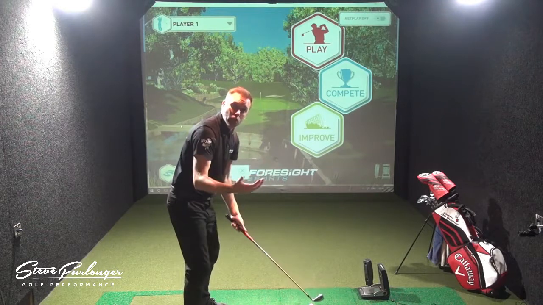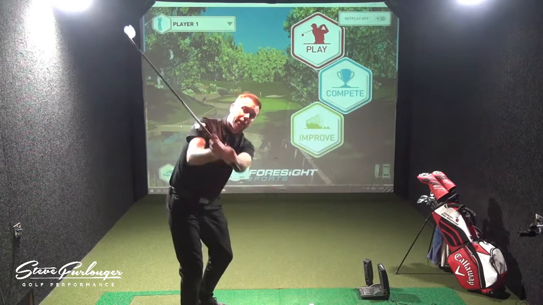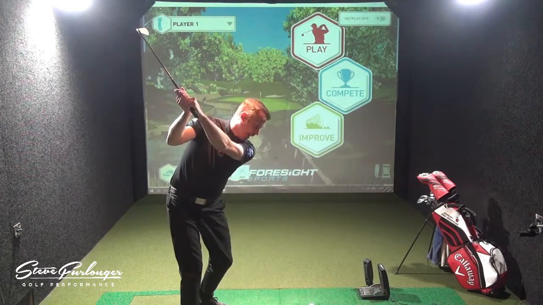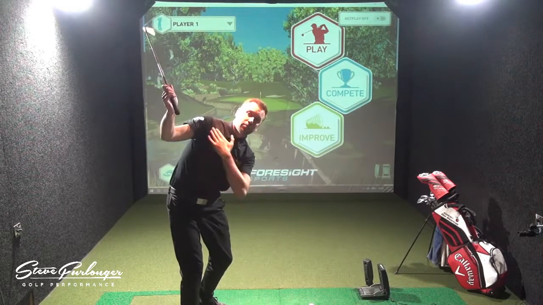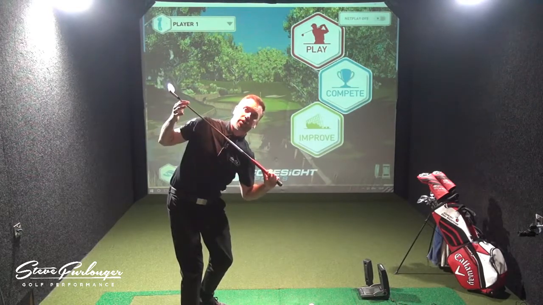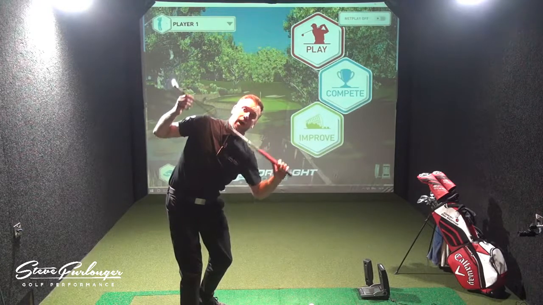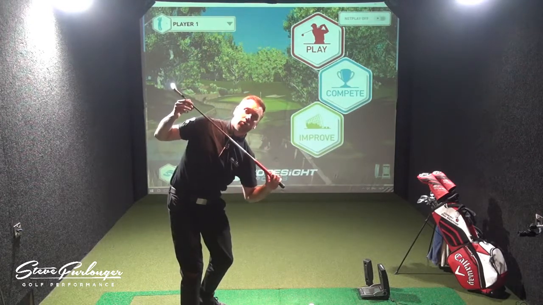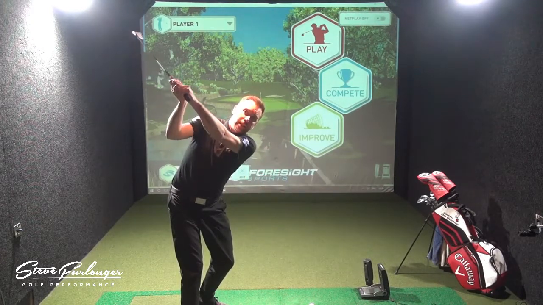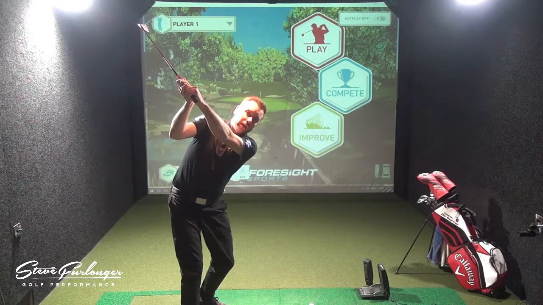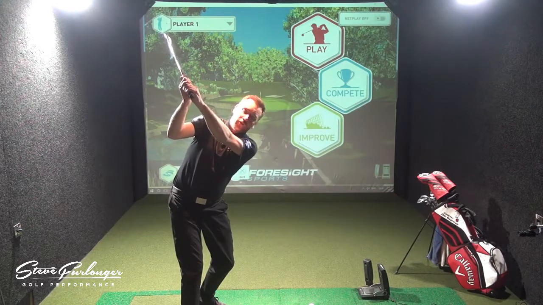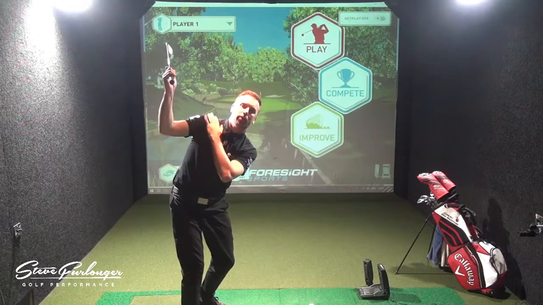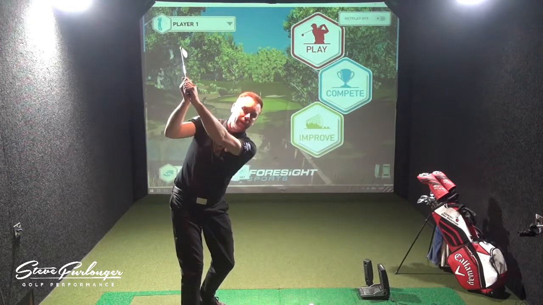So fairly neutral would be the arms sitting on the same angle as my shoulders and how my shoulders are tilted, so my upper body's angle to the ground. The arm would be sitting somewhere on that line. That would put the handle of the golf club somewhere between my elbow and my right shoulder, okay?